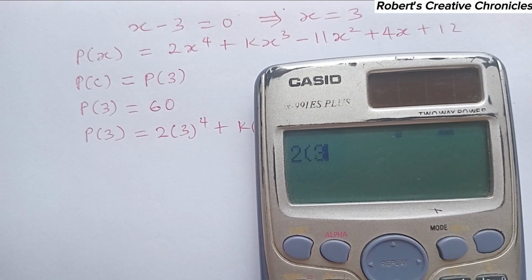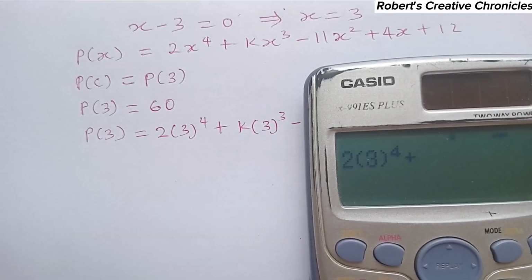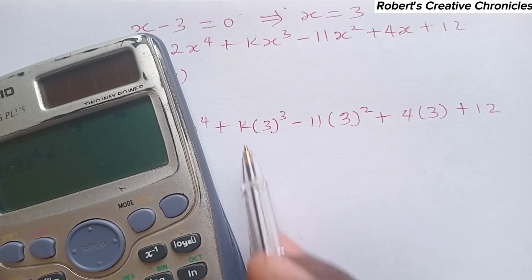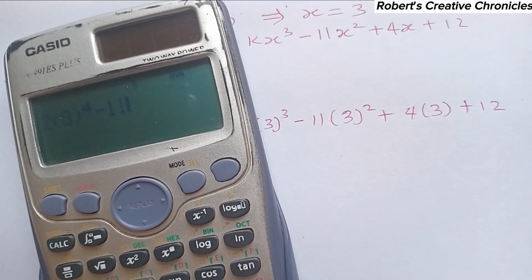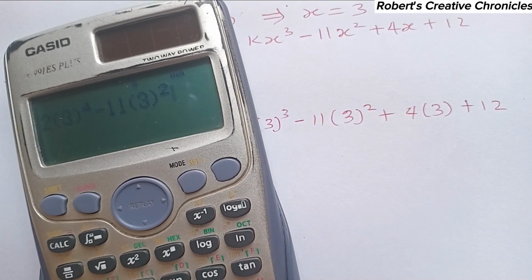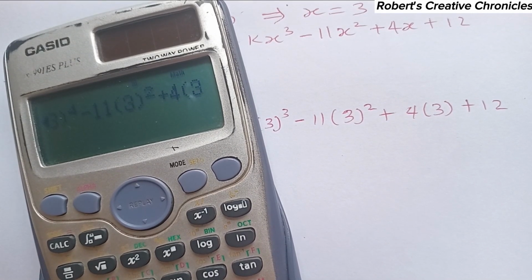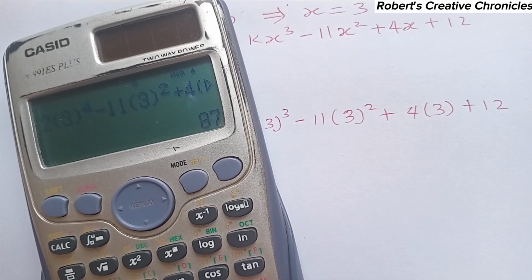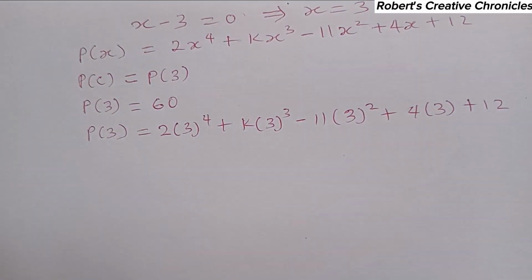We'll leave the k term since there's k here. So we go straight to minus 11 times 3 squared, plus 4 times 3, plus 12. So the value is 87.